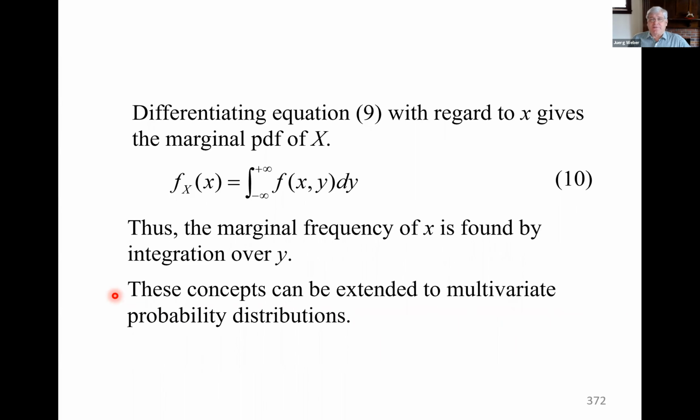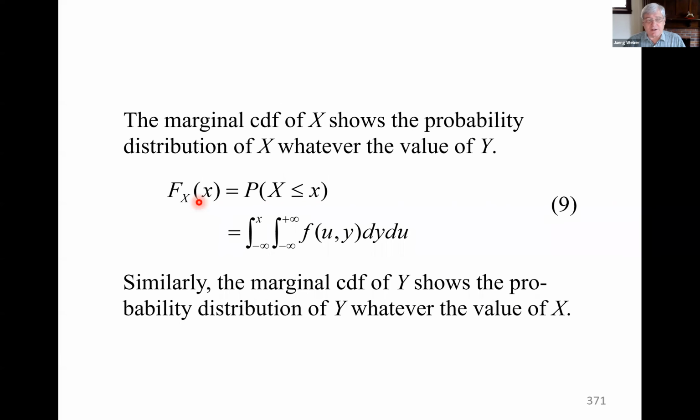Now again, you can differentiate this with regard to small x. So let's get the rate of change of this marginal CDF. Then we get the marginal PDF. This again requires the fundamental theorem of calculus. So make the derivative of this with regard to x.